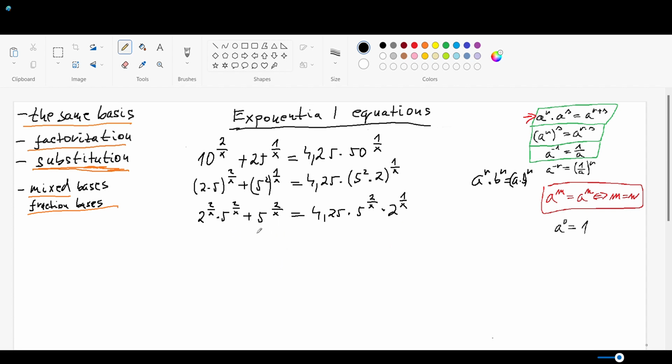So basically, how can you simplify this expression? You can see that we have a common factor in these two terms, which means you can take this common factor in front of the parentheses, and then there will remain 2 to the power of 2 over x plus 1 is equal to 4.25 times 2 to the power of 1 over x.